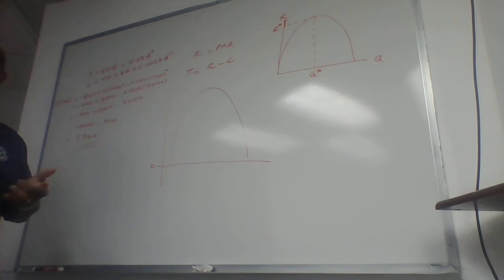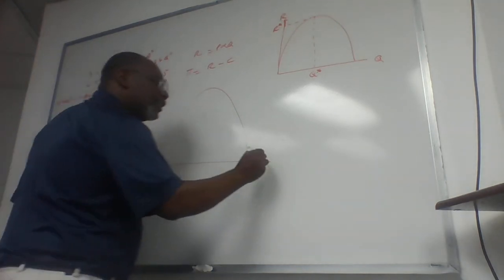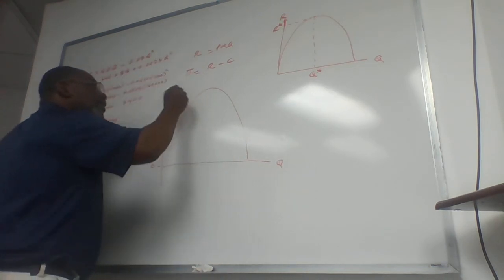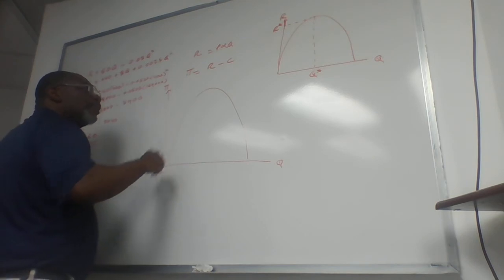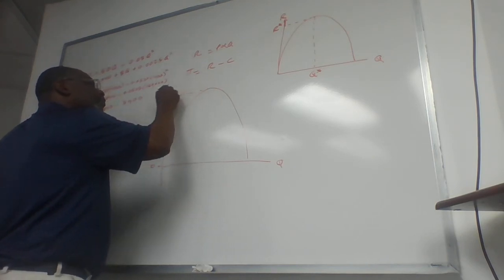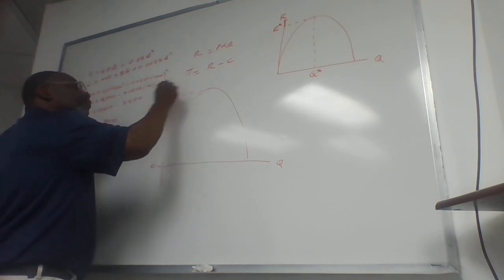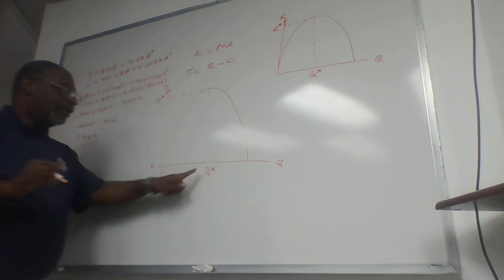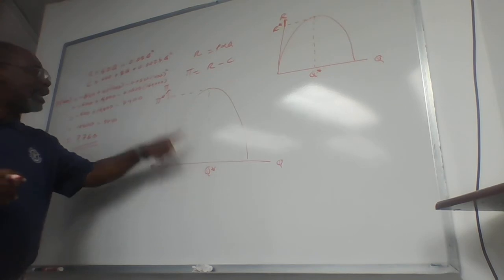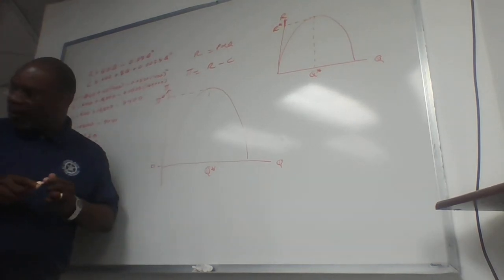You have to build a building, get a mortgage, whatever it is. So you're stuck with this regardless of how much you make. This is how much our output is, and instead of revenue, this will be our profit. And again, we're looking for the level of our output at which our profit will be maximized.